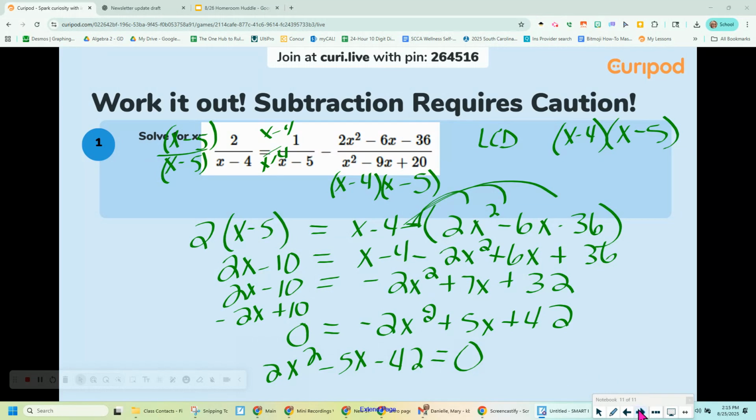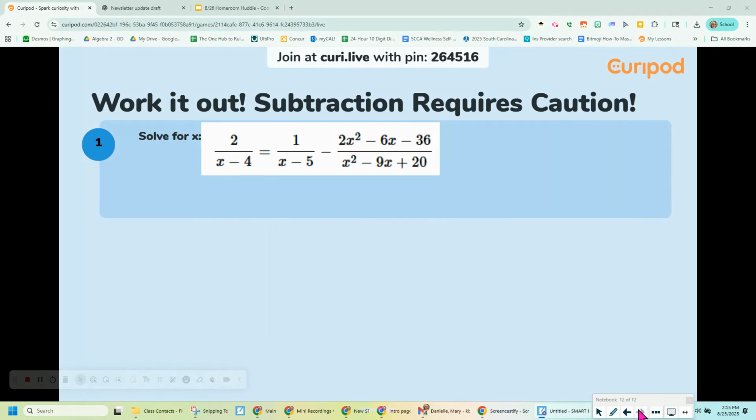I'm going to give myself some more writing room here. So I had 2x squared minus 5x minus 42 equal to 0.